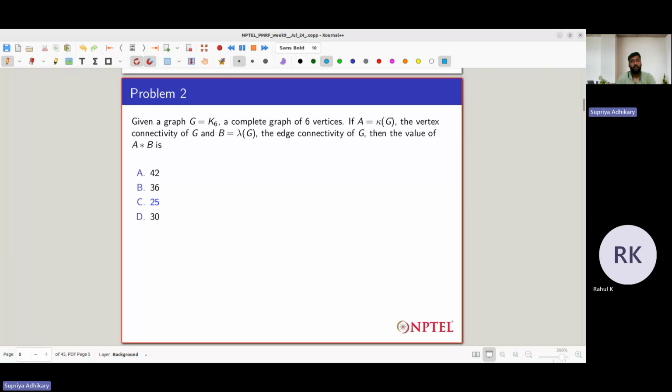So now, what was the definition of vertex connectivity? The definition of vertex connectivity was the minimum number of vertices that can be deleted to make the graph disconnected.